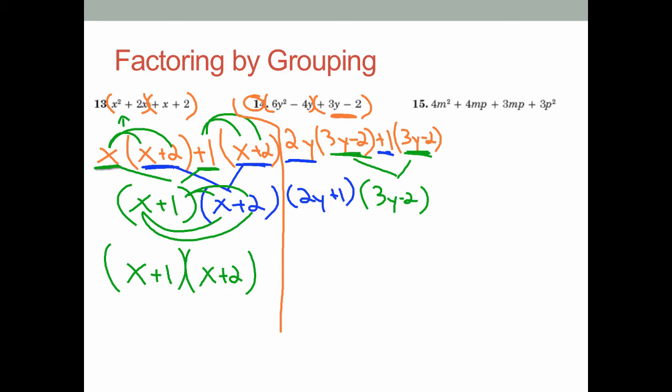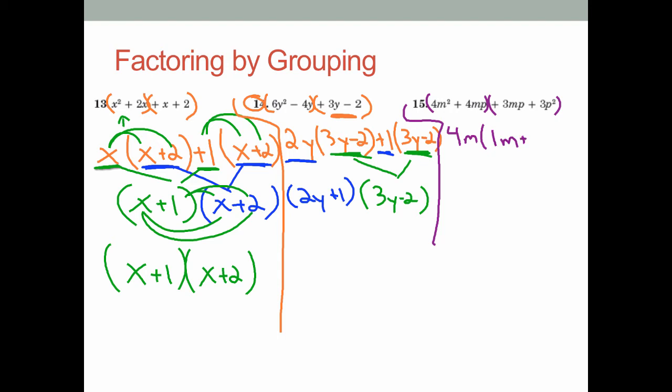In the final case, again, I pair the values. I pull out what's common. What's common in the last one is a 4m. So if I divide 4 by 4, I get 1. And if I pull out an m, I get an m.